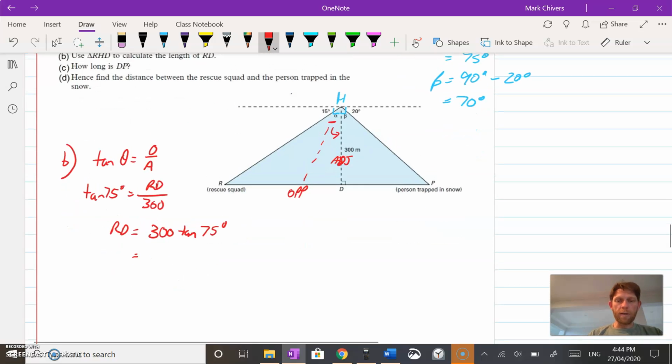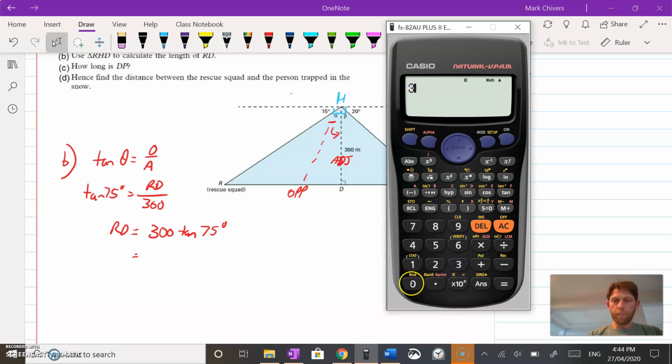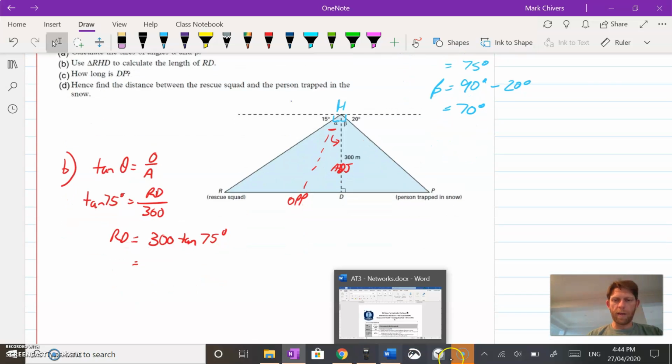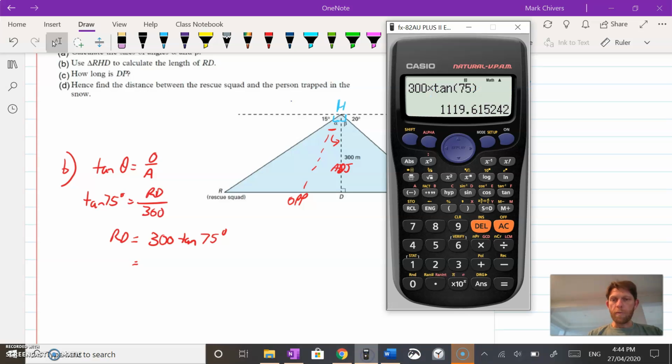And I can just plug that into my calculator. Just calculate the length, so it doesn't tell us how many decimal places, but I might just go to one decimal place. So 1,119.6 meters.